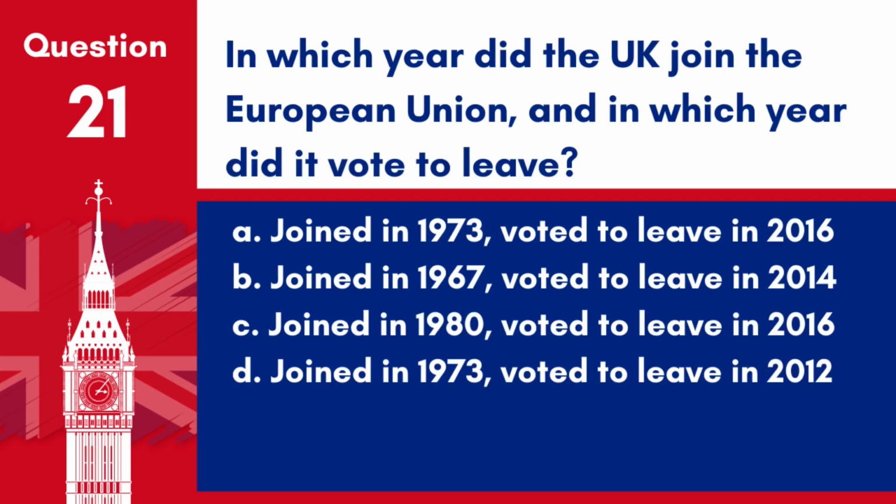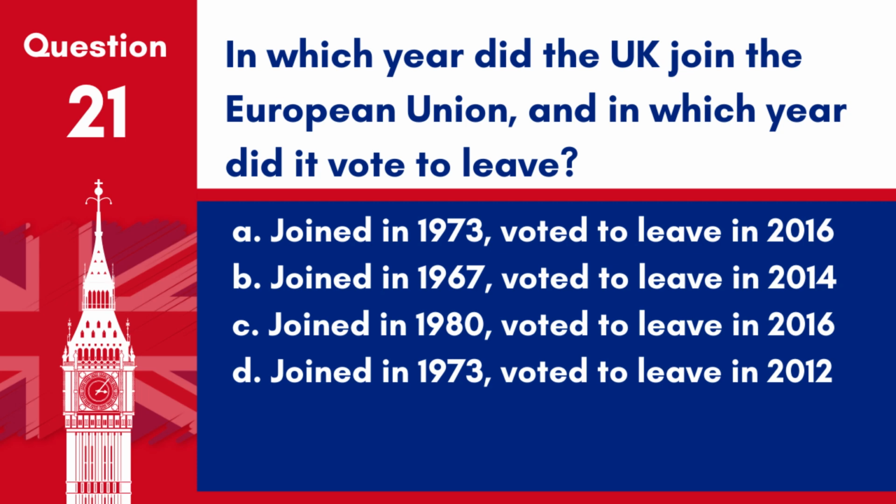Question 21. In which year did the UK join the European Union, and in which year did it vote to leave? A. Joined in 1973, voted to leave in 2016. B. Joined in 1967, voted to leave in 2014.